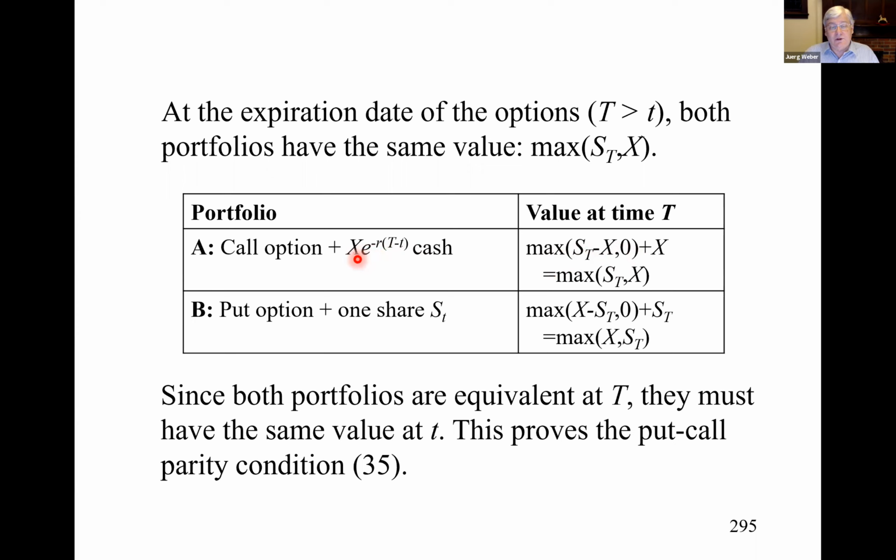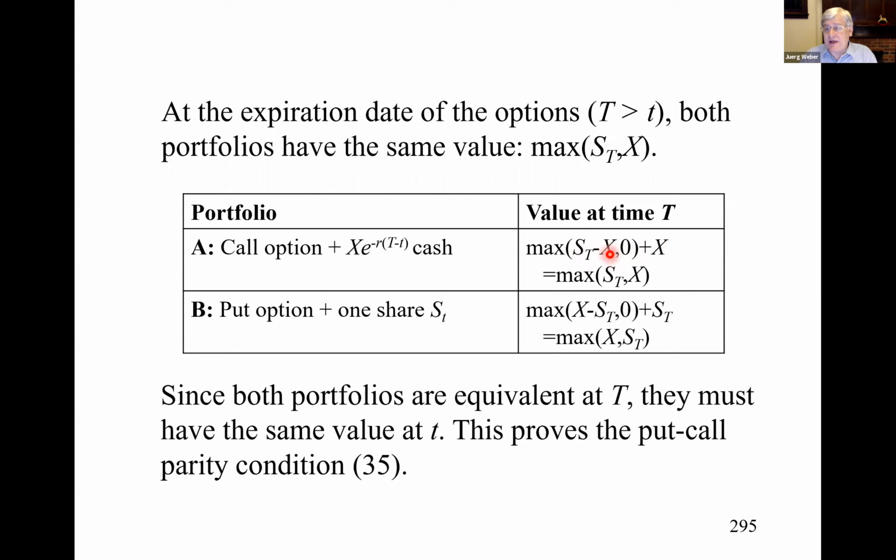You see, you have X times e to the minus r, and then you multiply with e to the r times the interval. So the two e's cancel out, and you just get the X. So here we have something like $49 and something, and then it earns interest, and in the end we have the $50, the X. And then remember, we are allowed to write this into the expression with the maximum.